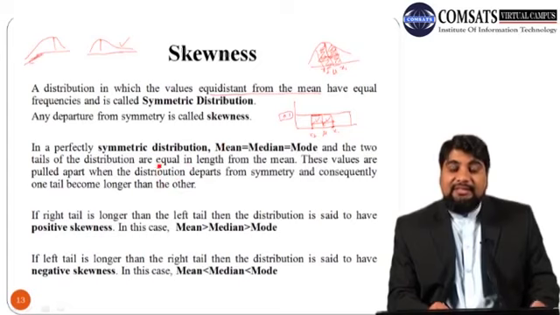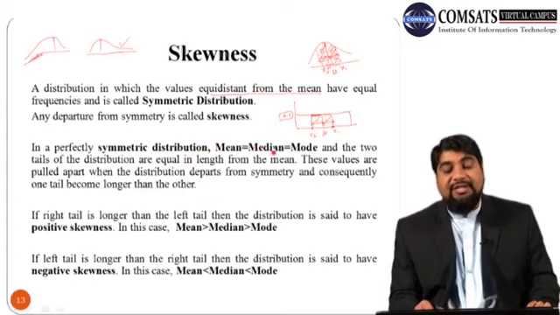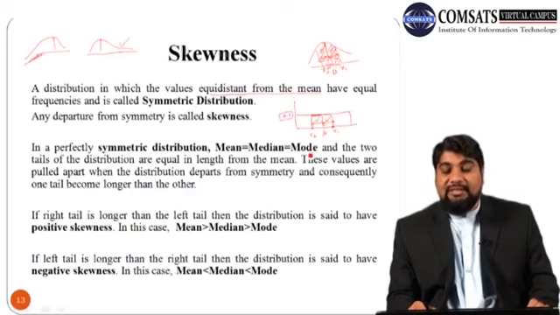Now there are certain rules. In a perfectly symmetric distribution, the mean is the same as the median, which is the same as the mode. So mean, median and mode coincide, and the two tails of the distribution are equal in length from the mean. We can see here that this is the right tail and this one is the left tail, and they are equal in length.